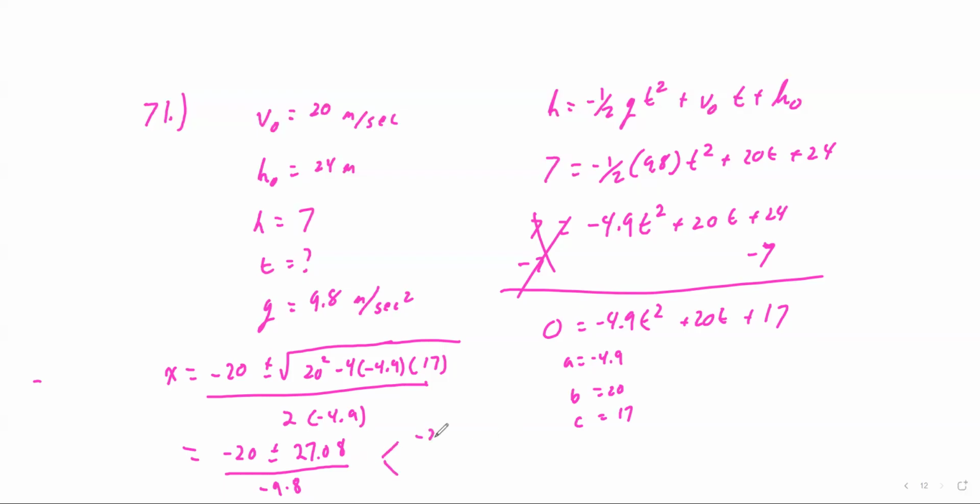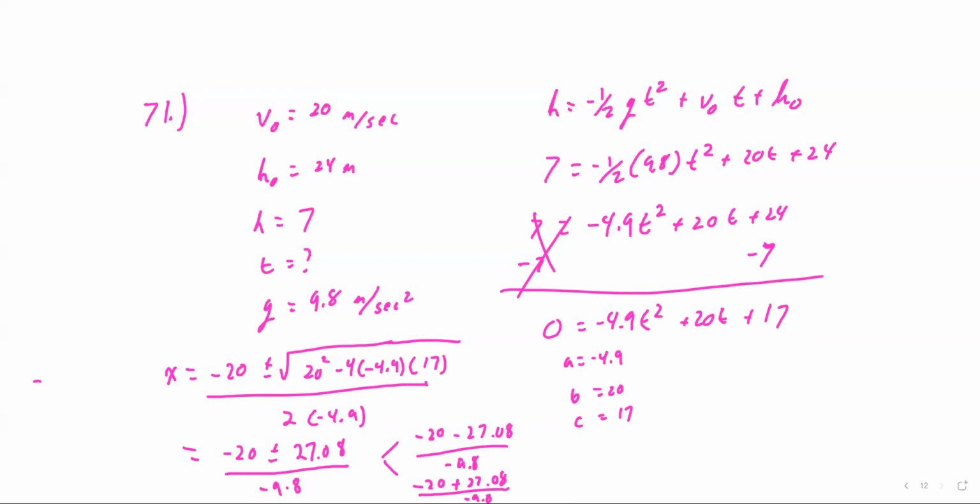All right, and then from there, I'm going to take that answer and separate these two. So negative 20 minus 27.08 over negative 9.8. And then this would be negative 20 plus 27.08 over negative 9.8. So here is my answer. I'm going to actually add 20 to that.